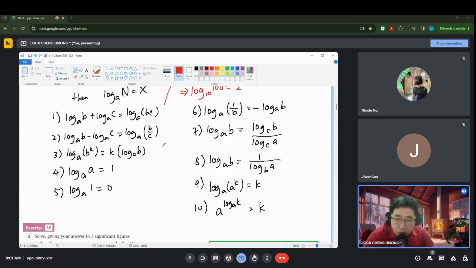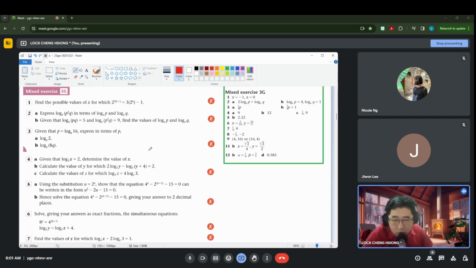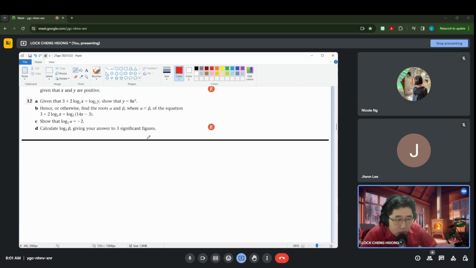Now we are going into natural E and the natural log. Section C here, we have natural E and natural log.